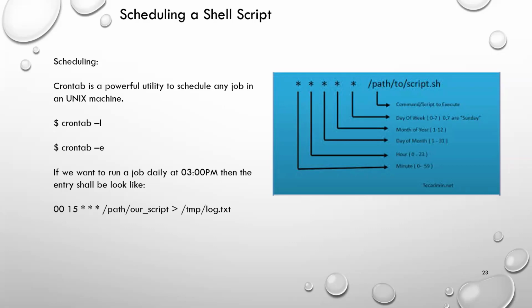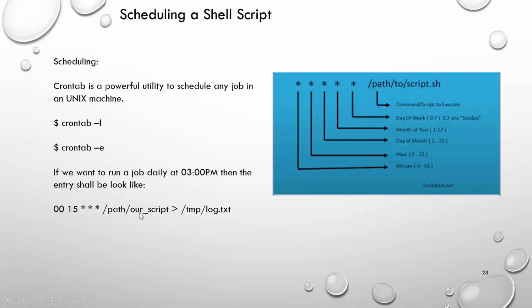How to do that? You need to check crontab -l, there is one command. Using that, you can see how many scheduled jobs you currently have in your system under your user. If you would like to edit or add, you can give crontab -e. You will get the panel and you can start typing.